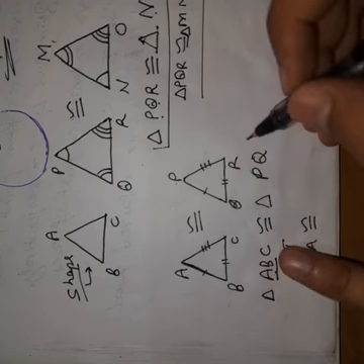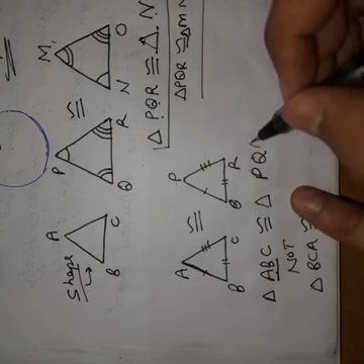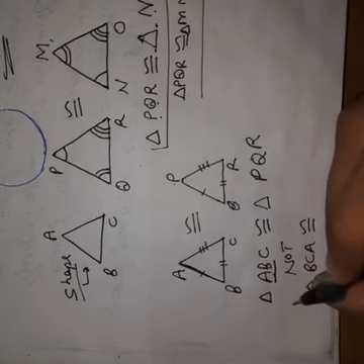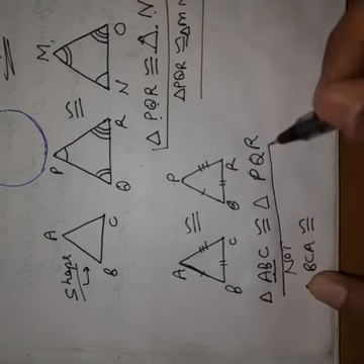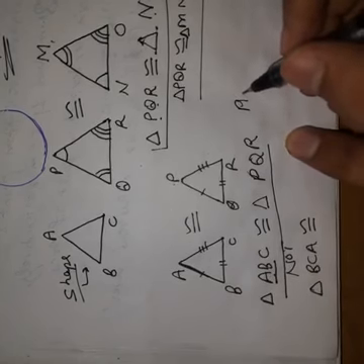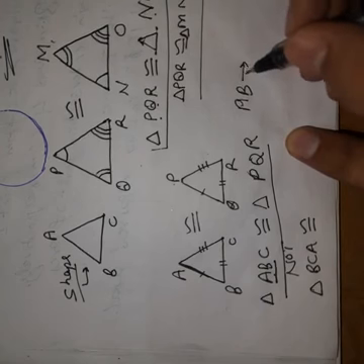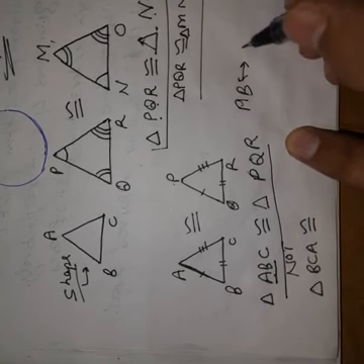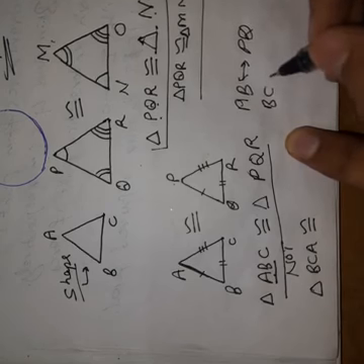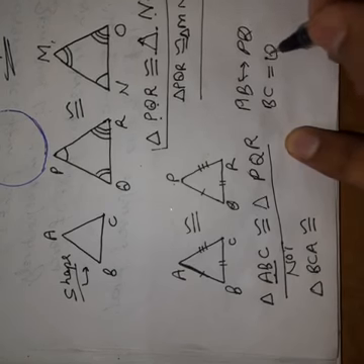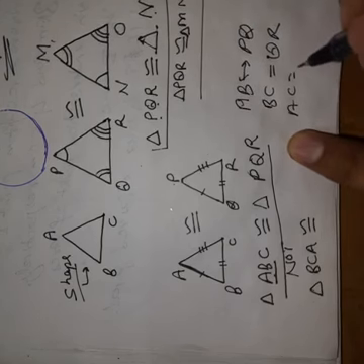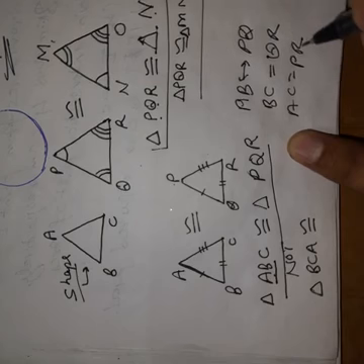After that we will write the remaining letter, which is R. So now you can see from this congruency you can write that AB is equal to PQ side, and BC is equal to QR, and AC is equal to PR.